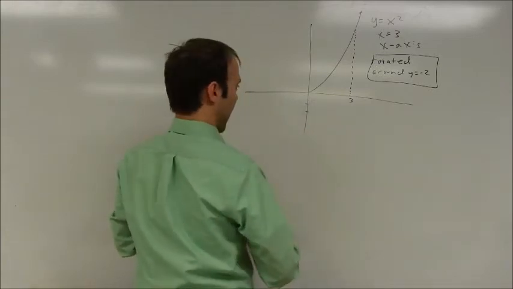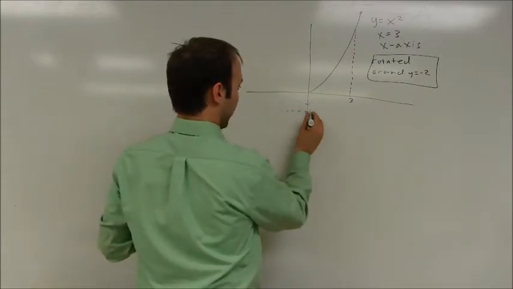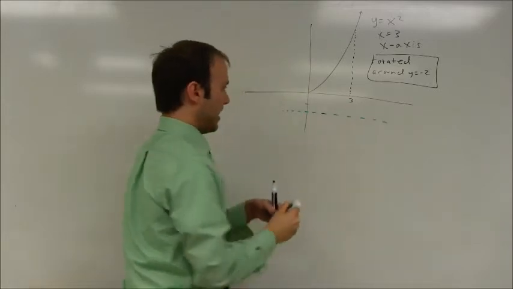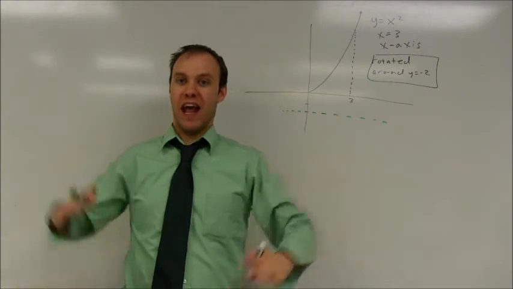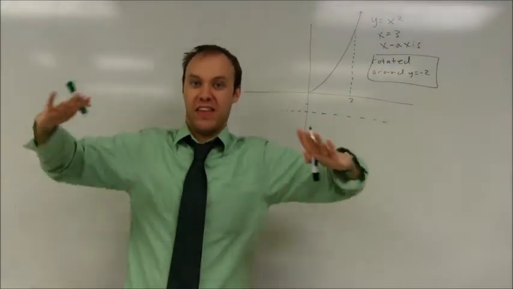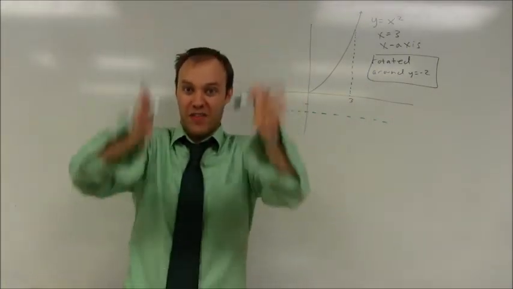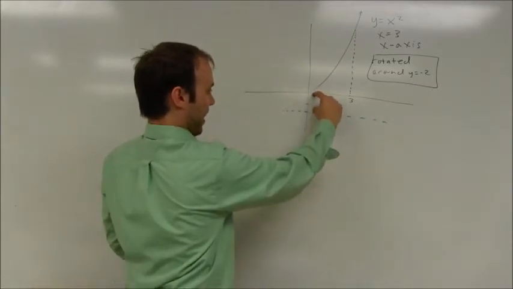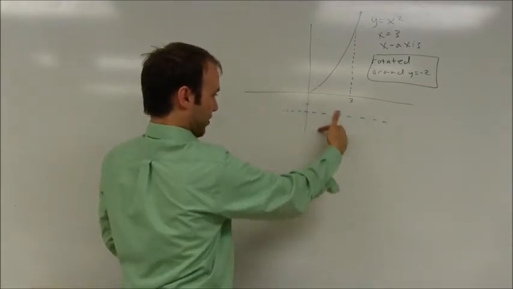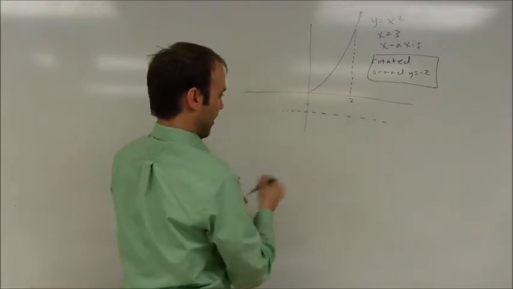So if this is my axis, if I rotated this around the x-axis, I would basically get a horn shape. What's going to happen is this is going to be kind of shaped like this, and then it's going to stop, and there's going to be a big hole in the center. So basically I've got this width down here, this is all going to be empty space rotated around the axis.